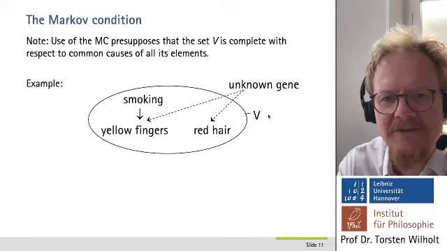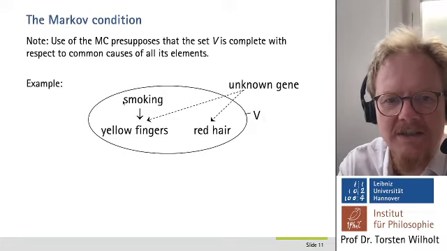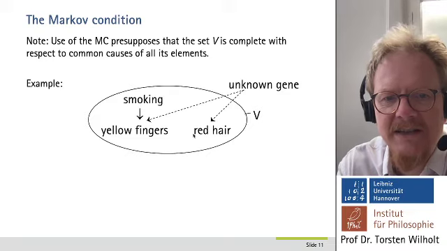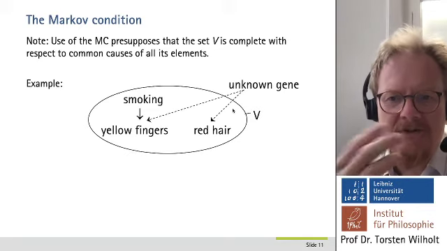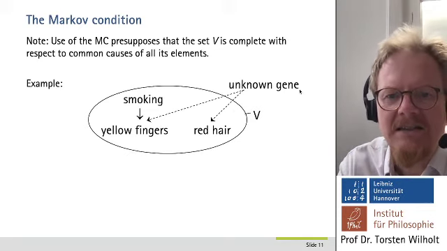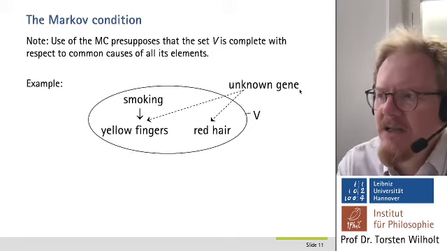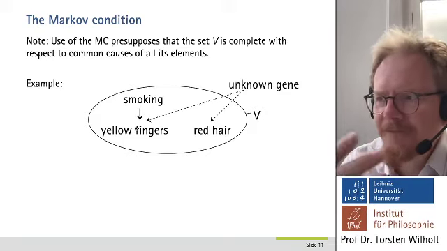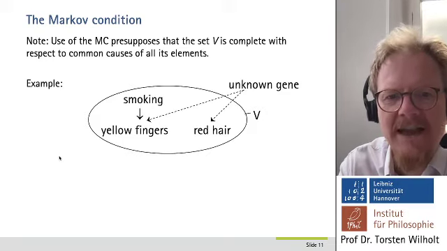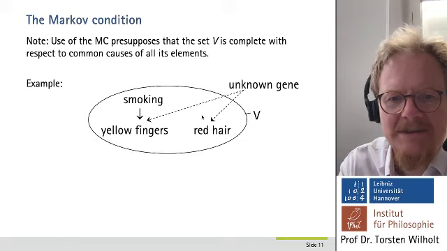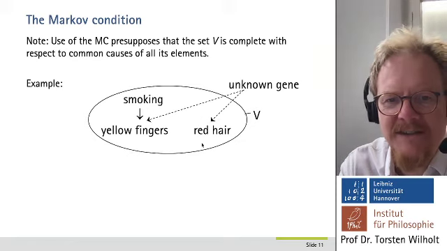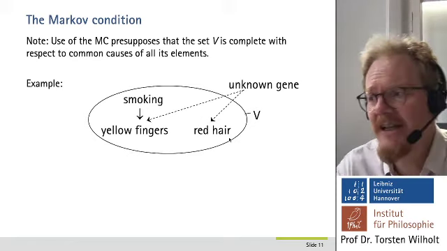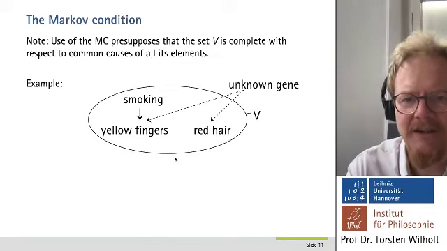We have a set of variables including smoking, yellow fingers, and red hair, but there's also, unbeknownst to us, an unknown gene that is causally responsible both for red hair and for yellow fingers. Yeah. Then, if that's so, we will find yellow fingers and red hair correlated amongst our variables.